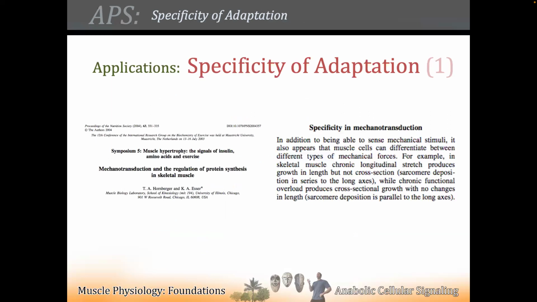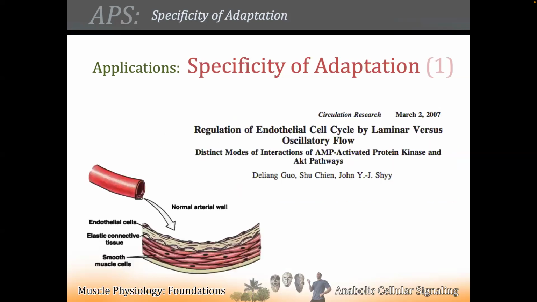Okay, let's talk about specificity of adaptation. That's the topic we concluded block one with. Mechanotransduction operates according to the principle of specificity too. The different types of forces endured imprint differently on the cellular signaling processes. So think about the mechanical forces that any cell would be responding to.